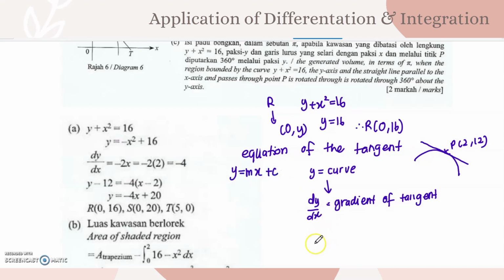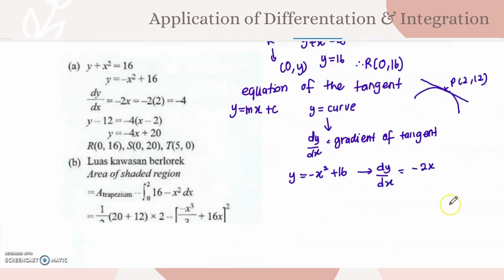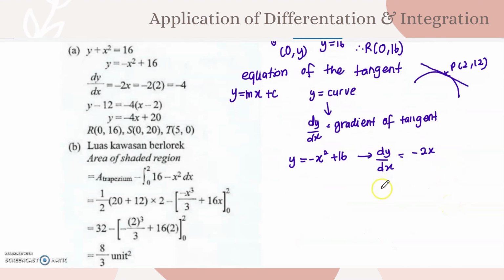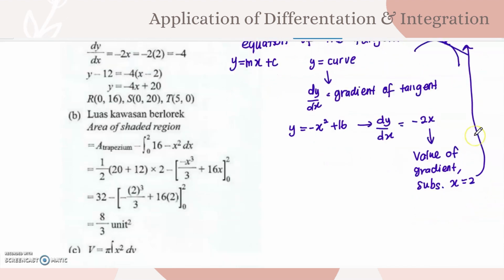Okay, so now we calculate this one. We find the gradient of the tangent. So y equal to negative x squared plus 16, and then dy/dx is equal to negative 2x. Okay, ini expression je dulu. Nak tahu nilai gradient, so to get the value of the gradient, you substitute x equal to 2, since daripada point ni lah, kita akan masukkan x equal to 2.